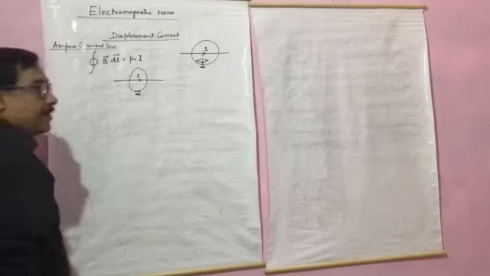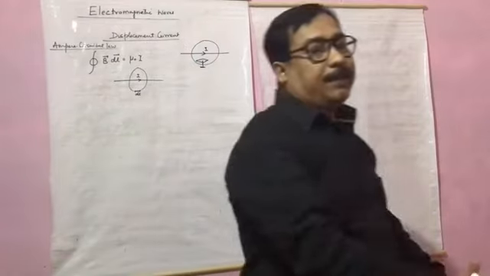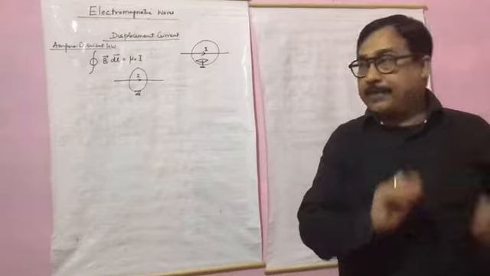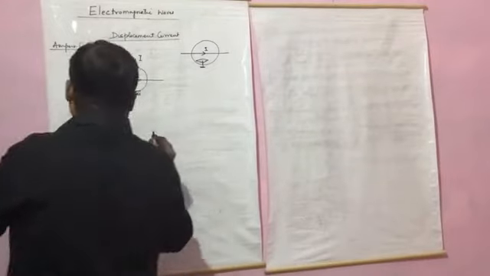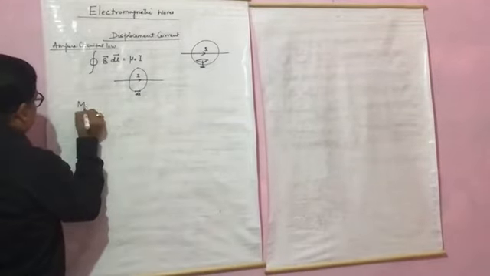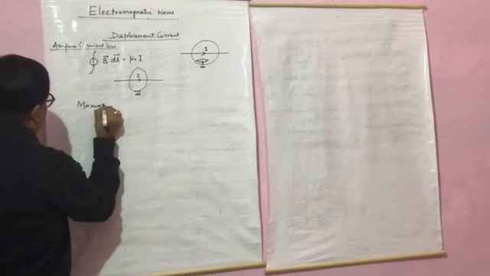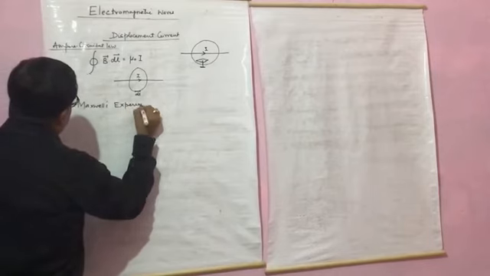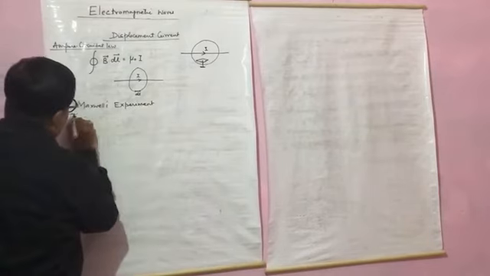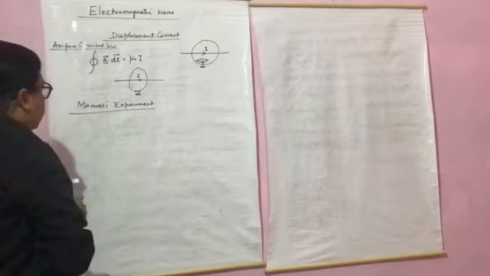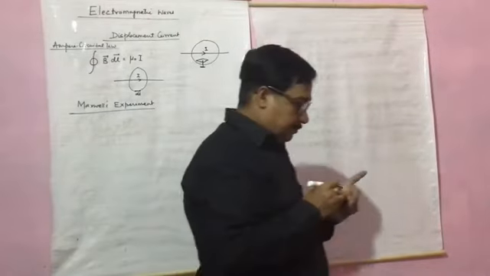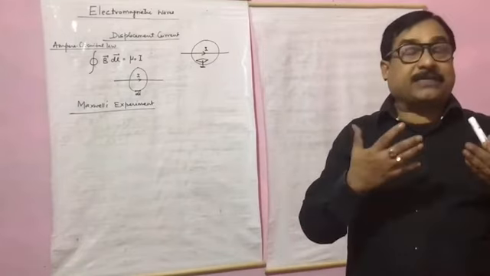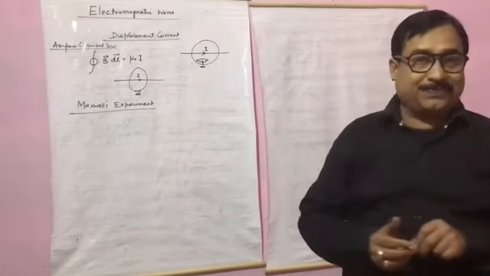But actually the contradiction comes when Maxwell performed an experiment. This is called Maxwell's experiment. The credit for electromagnetic wave generation is given to Maxwell.